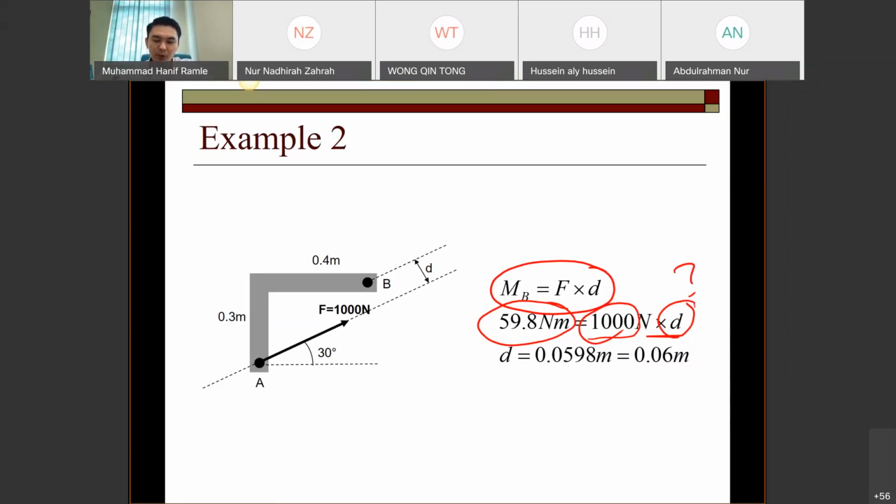Make sure that the moment you choose is positive, because the distance is a scalar, and there is no negative value for distance. So your distance should always be positive.